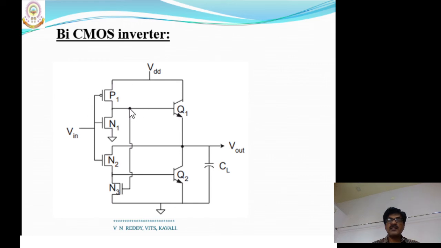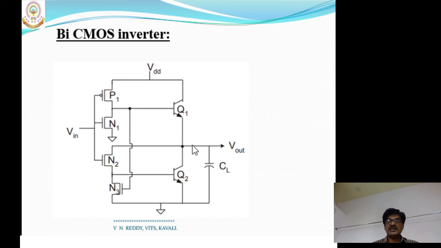Since the gate of transistor N3 is also grounded through the N1 transistor, it also goes to off state. Remember, when the input is VDD, N1 is on, N2 is on, P1 is off, N3 is off, Q1 is off, but Q2 is in on state.